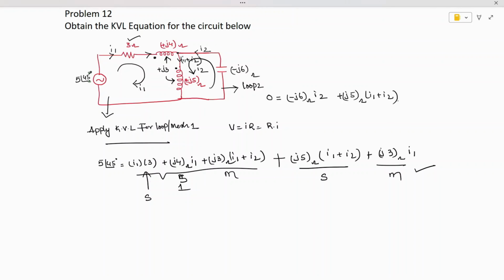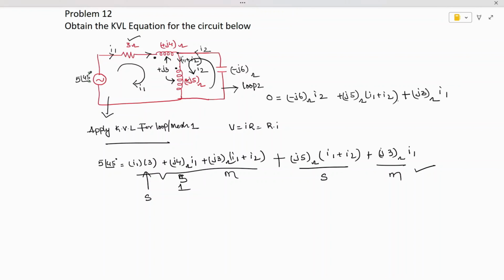The total entering current is I1 plus I2, so J5 into I1 plus I2. It has the mutual inductance: the current is entering the coil, therefore we have a mutual inductance value of plus J3 ohms with the total current of I1.